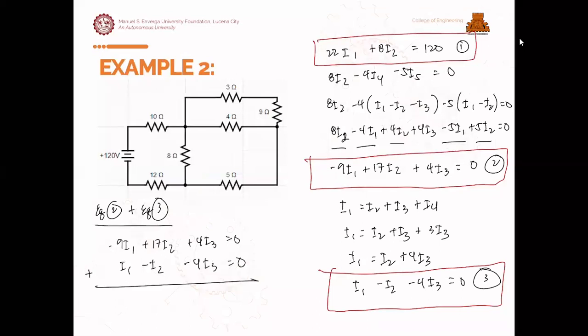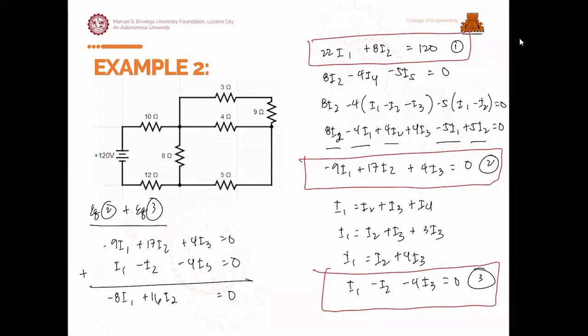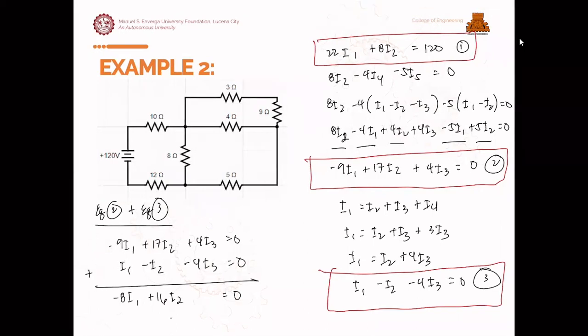So this will be 0 na to. So negative 9 plus 1 is negative 8I1. Then ito will be 16I2 is equals to 0. Okay? So divisible by 8 pareha. So this can be negative I1 plus 2I2 is equals to 0. Tawagin natin tong equation 4.